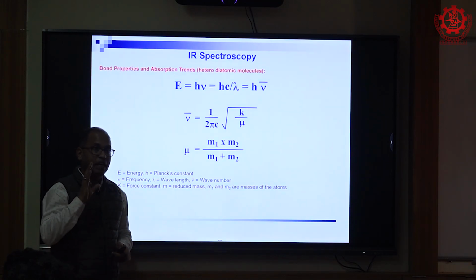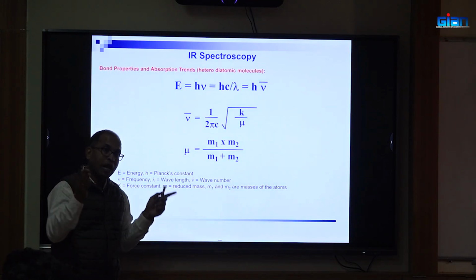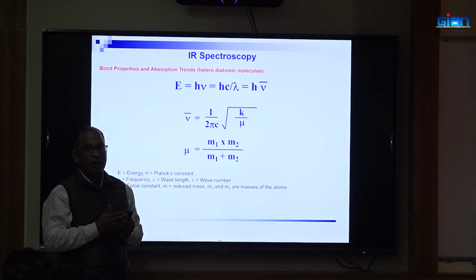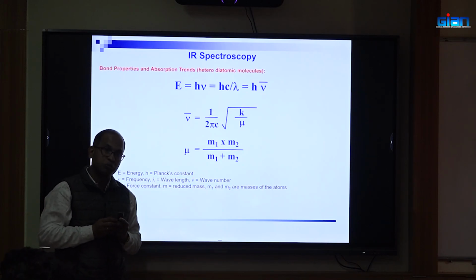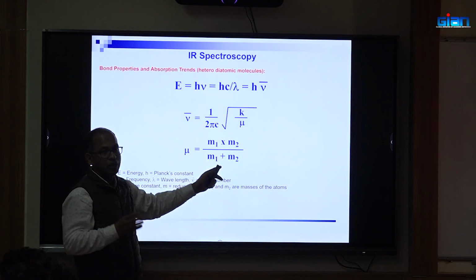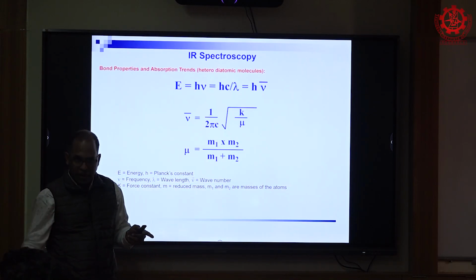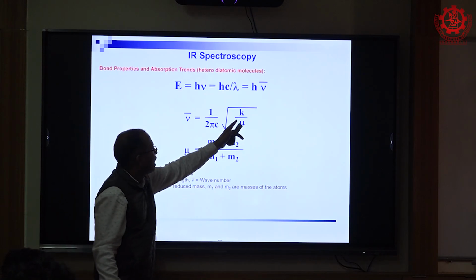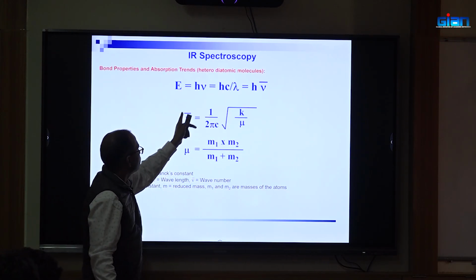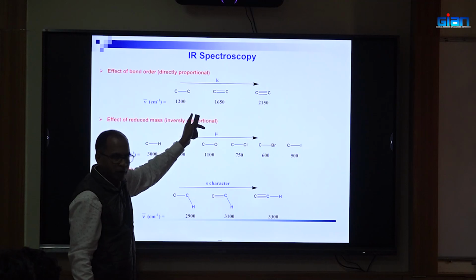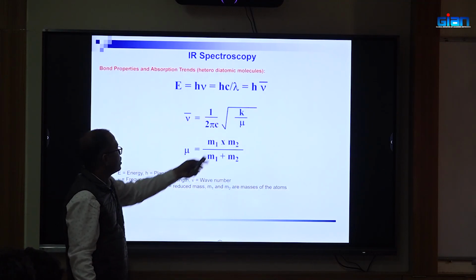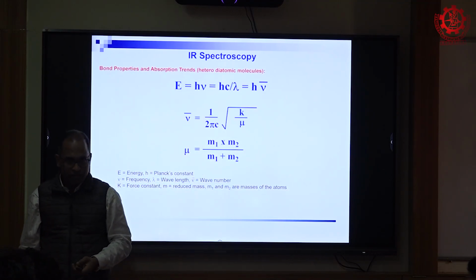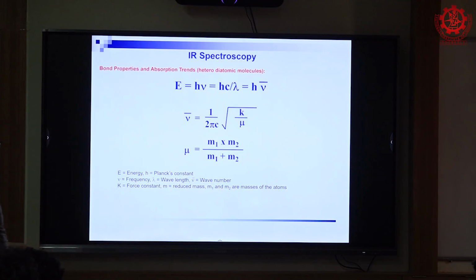We can never use anything which will absorb in the region, and potassium bromide doesn't. That's why we use it, because potassium and bromine are relatively bigger atoms. At least bromine is such a big atom, this value will be so high that the wave number, which is inversely proportional, will be very small. Okay, now let's go forward.